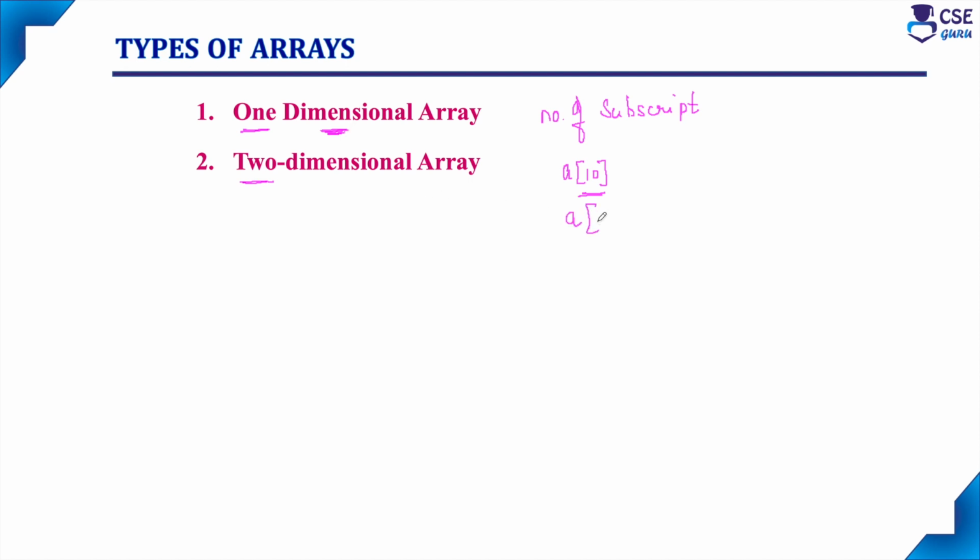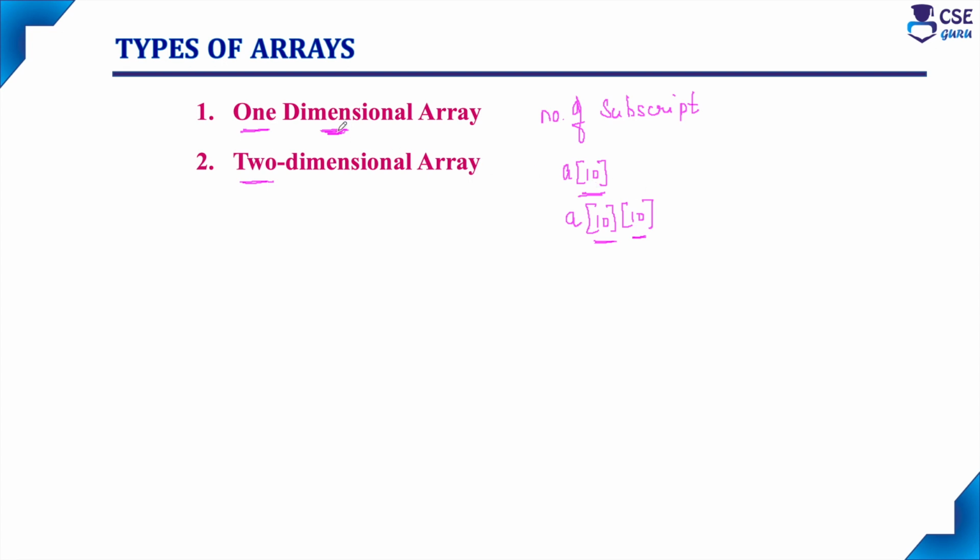Suppose the array consists of two subscripts, that is A of 10 into 10. So this is one subscript for row and another subscript for column. If the array consists of two subscripts, that is nothing but a two-dimensional array. So this array dimension will be decided by the number of subscripts present in the array.